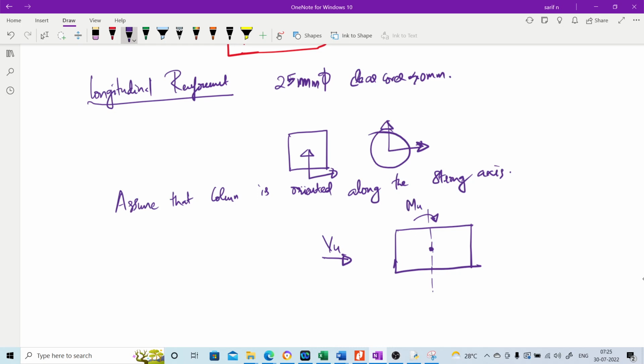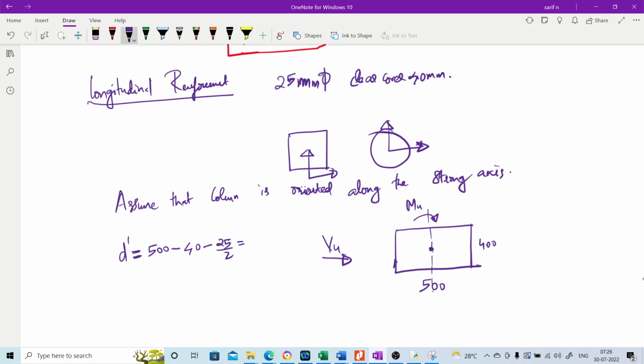If we look in this fashion, this will be the depth of the column, and this will be the width of the column. We need to find out d dash, the distance to the center of the longitudinal bar. That will be equal to the total dimension, 500, minus clear cover, which reaches up to the outer edge of the longitudinal bar, minus 1 bar diameter divided by 2.